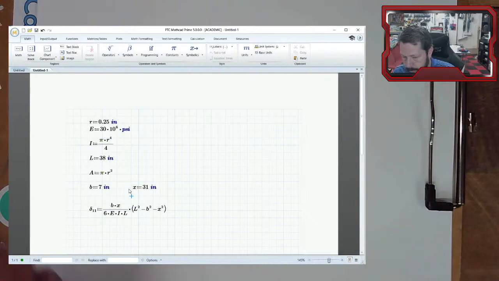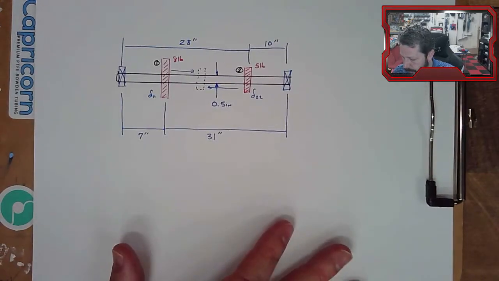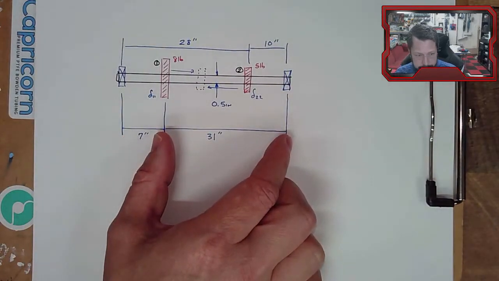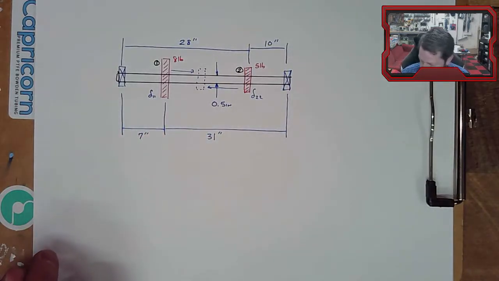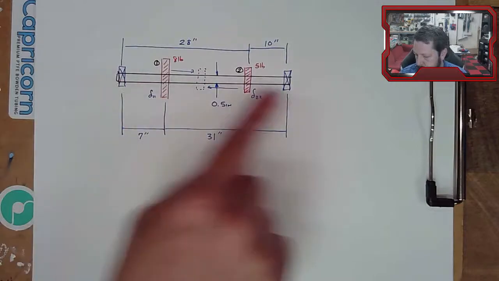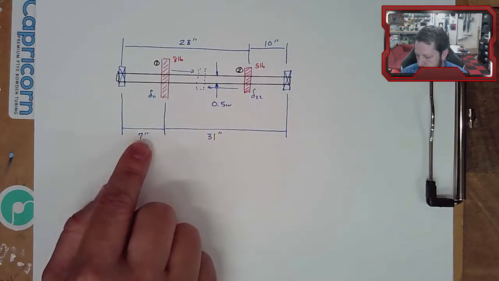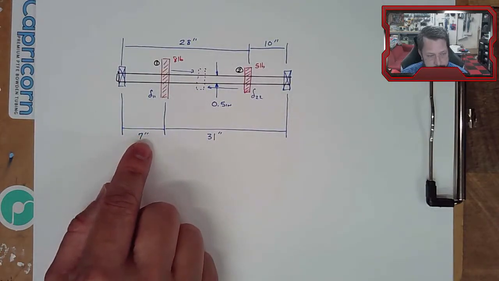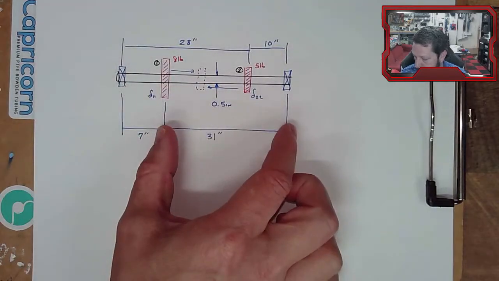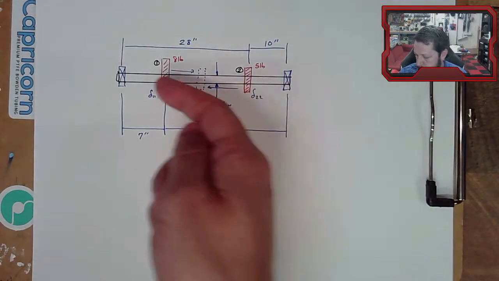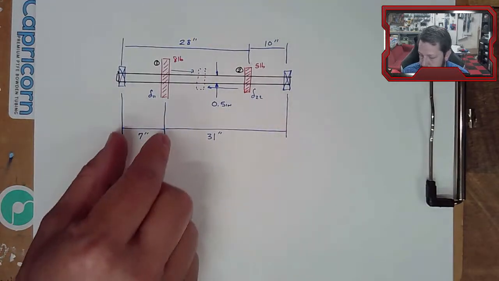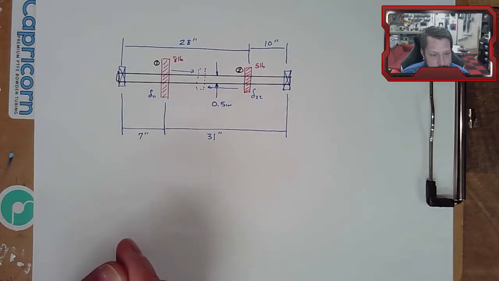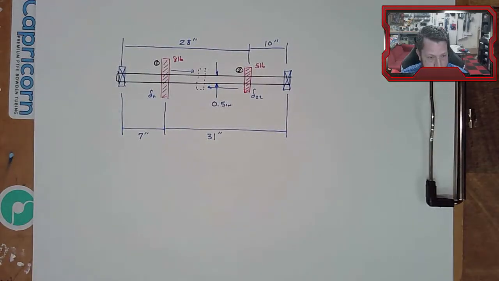So it's just one of the distances, and we could have done it the other way, 31 and 7 as B and X. It just depends on which direction you want to measure from. It doesn't matter which way you do them as far as this calculation goes.